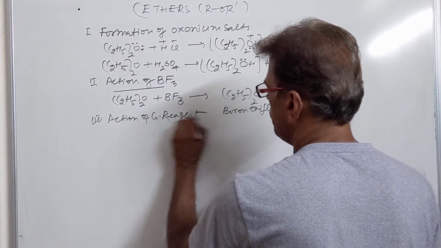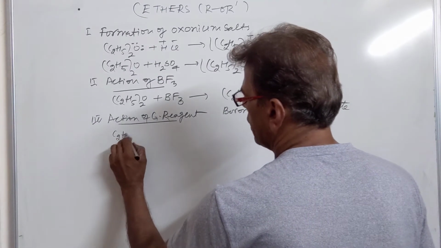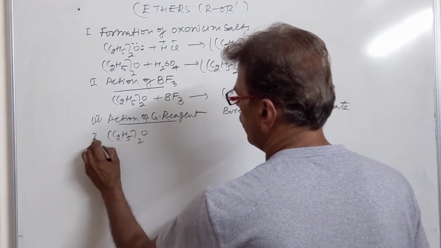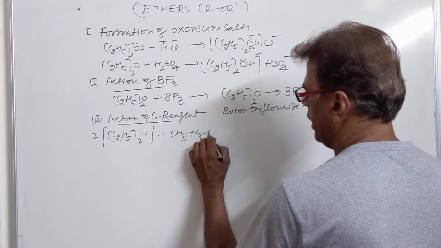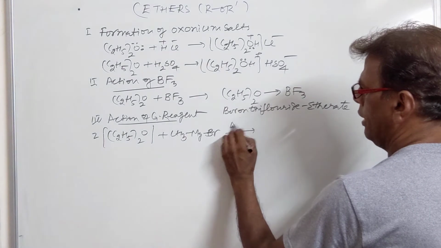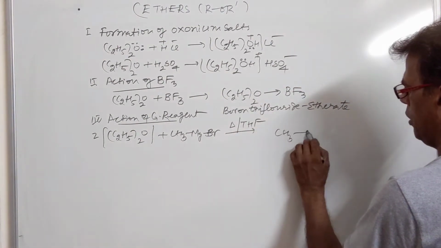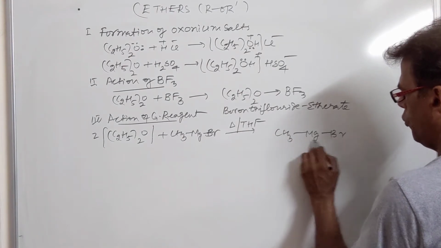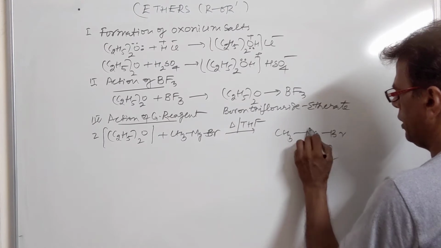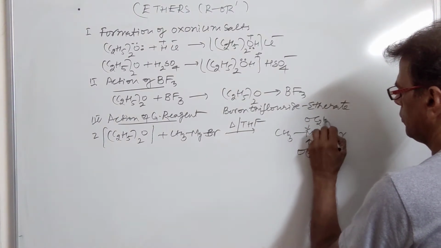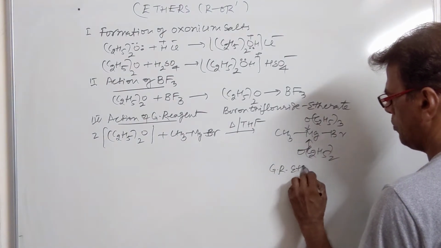Grignard reagent is a highly important compound. It is used in all organic compounds. Now it combines with diethyl ether. Two molecules of it are taken, reacting with the electropositive metal magnesium. They are heated in the presence of THF and we get CH3MgBr accepting a lone pair of electrons from ether and forming an addition complex. It is the Grignard reagent ether complex.